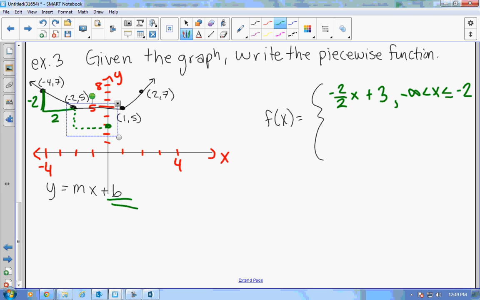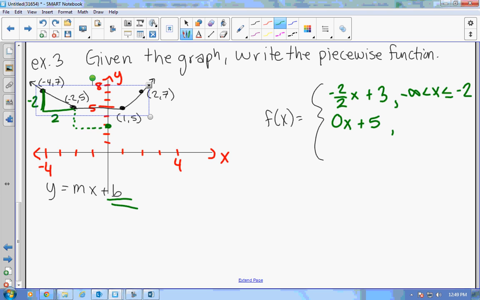From here to here. What's its y-intercept? 5. Okay, and what's the slope? Brianna, what's the slope of that piece? 0. It's flat. So 0x plus 5.